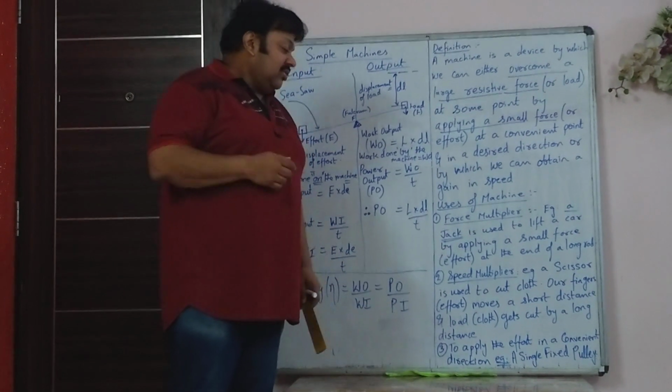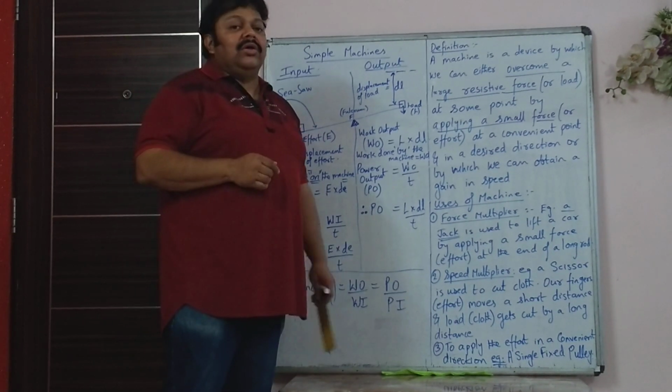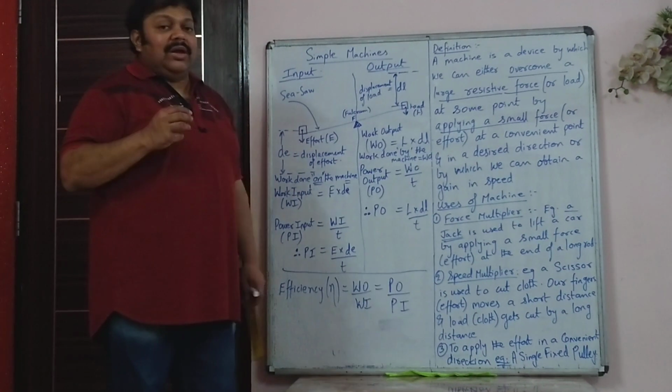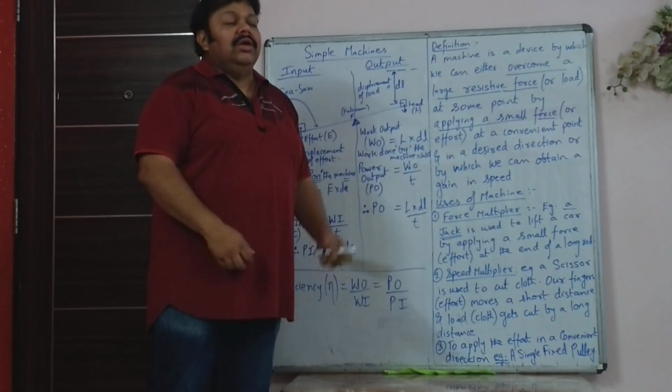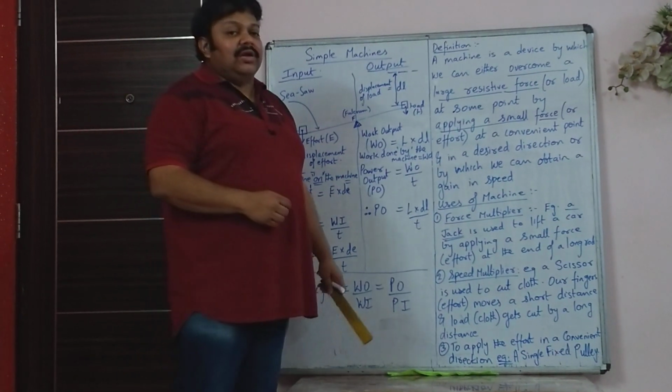And the third thing is to apply the effort in a convenient direction. Example, a single fixed pulley, where the effort is applied in a convenient direction along with the force of gravity, rather than pulling up the bucket like this against the force of gravity.